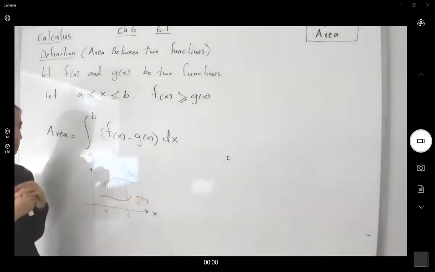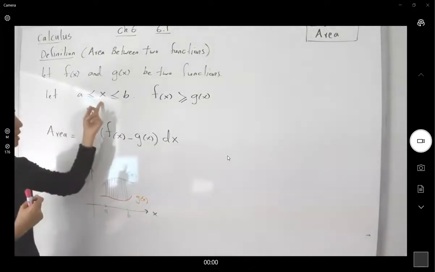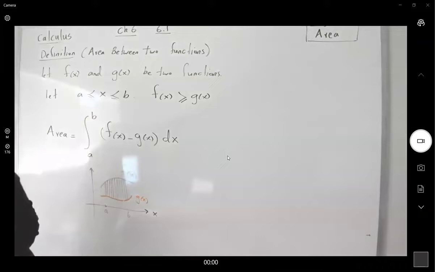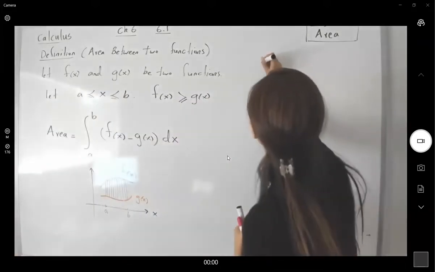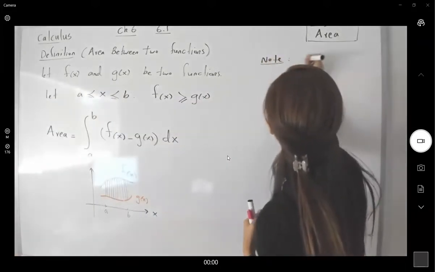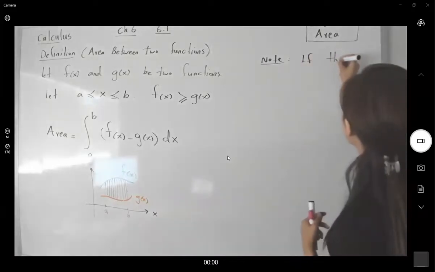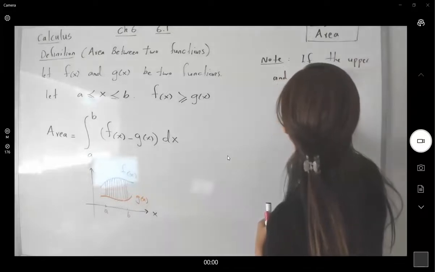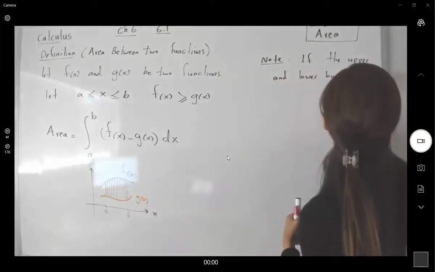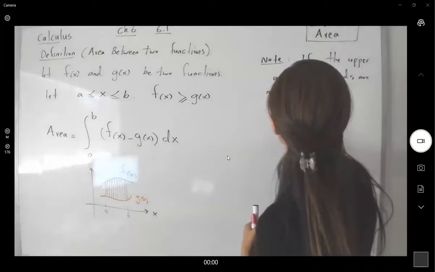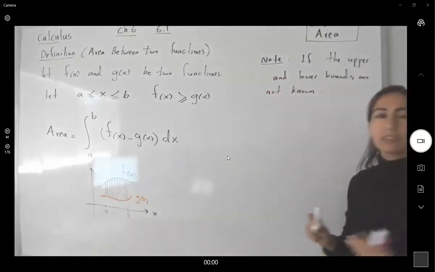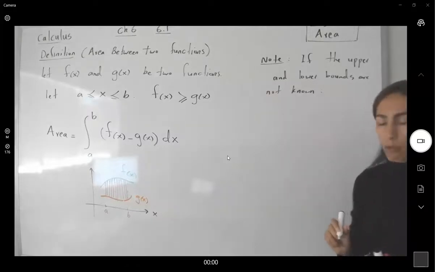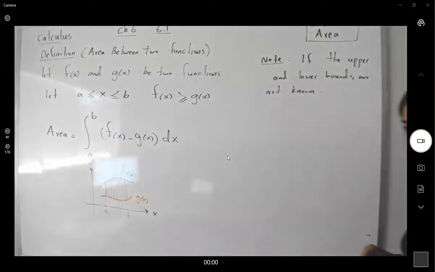Well, you might say, what if the lower bound and upper bound of x are not given to us? Just a quick note for you: if the upper and lower bounds are not known, it's usually the case that function f and function g are intersecting at some points. The graph is going to be like this.